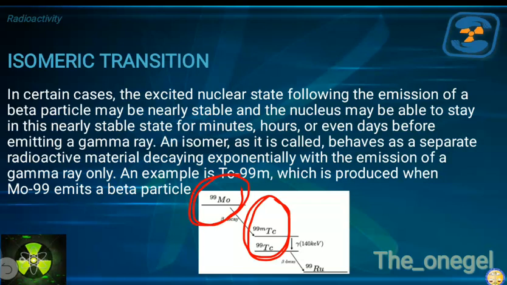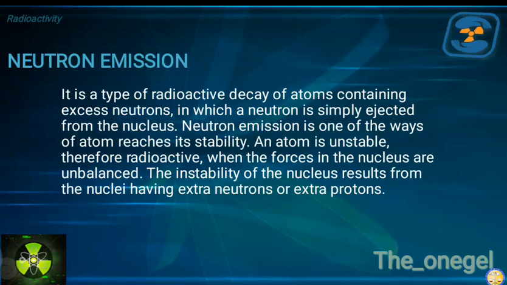So therefore, nag-undergo siya ng beta minus emission. Ano? So, after that, mag-undergo siya ng isomeric transition. And then kasi hindi pa siya ganun ka-stable, so nag-undergo pa siya ng another emission. Ayun.